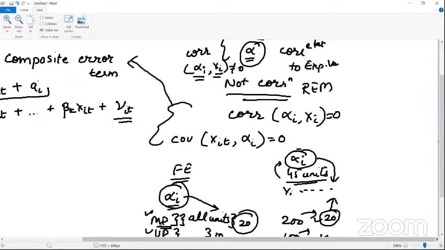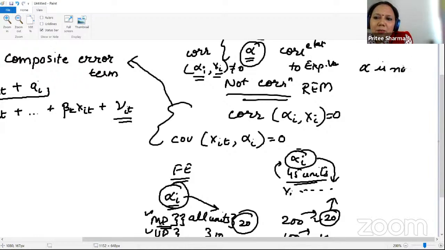I'm writing it here. Now, we know that alpha is not constant. It is time constant, but it is not constant for the entire industry. So one option is that we take the average of the alpha.